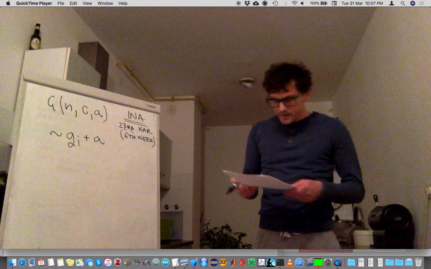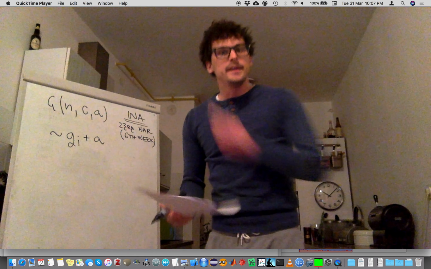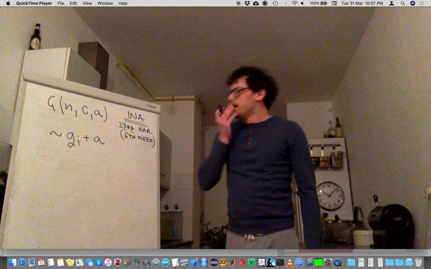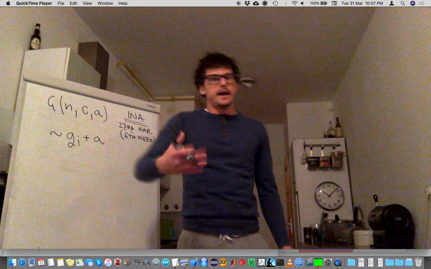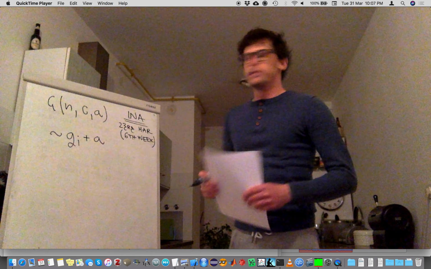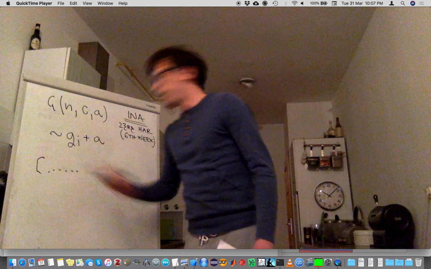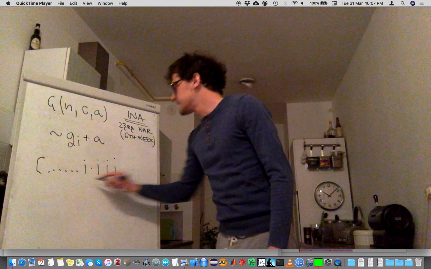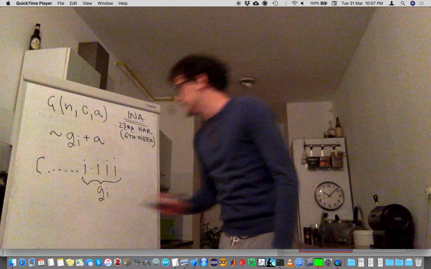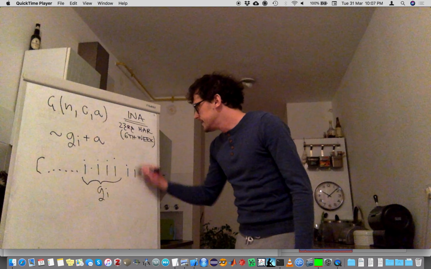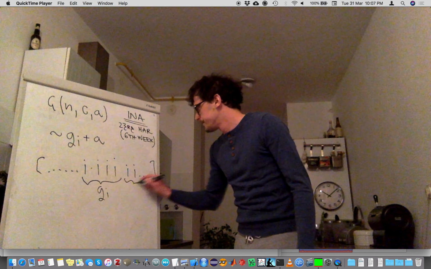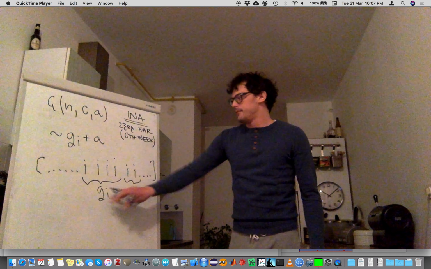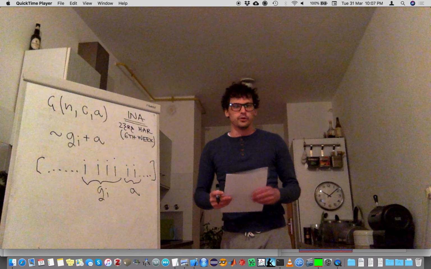Now again, the only thing to think about is how to efficiently select the nodes with this probability. We can use the same idea as we did for the Barabasi-Albert model. We simply keep a list of nodes where each node appears as many times as its in-degree, plus this parameter a. So if I randomly select a node from this list, I will select it with probability proportional to what we want.